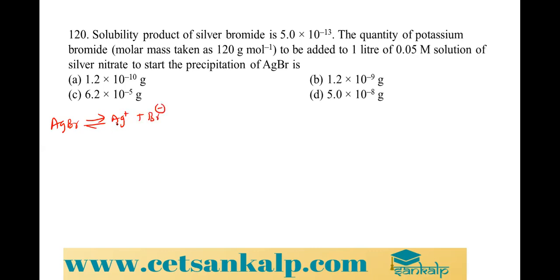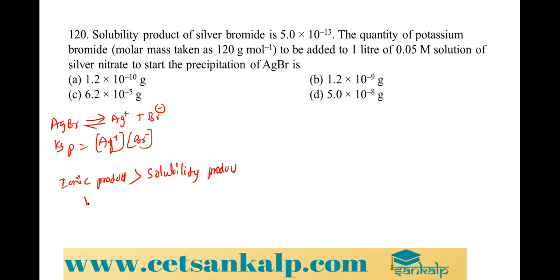We know the KSP value is Ag plus concentration into Br minus concentration. For precipitation to occur, the ionic product must be greater than the solubility product. Sorry, one second. Let it be. So now let's see what is next.